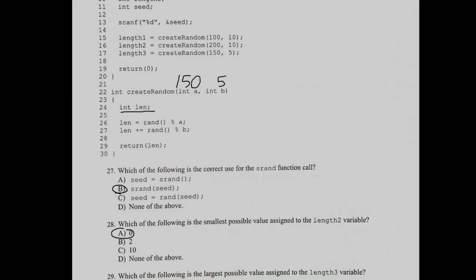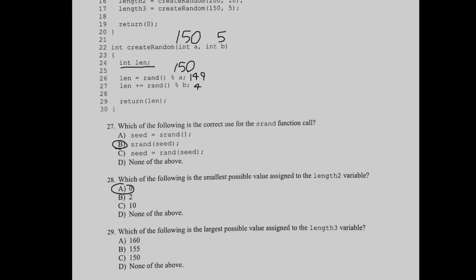Well, again, rand can be anything, but if it's modulus 150, then the largest number possible that will not be divisible by 150 is 149. And similarly, if we have 5 as the second one, the largest possible number that is not divisible by 5 will be 4.